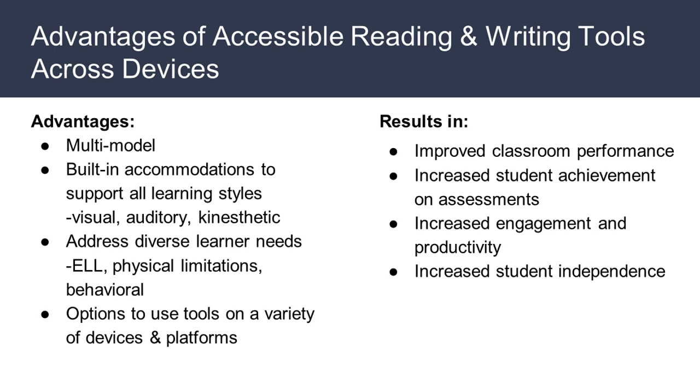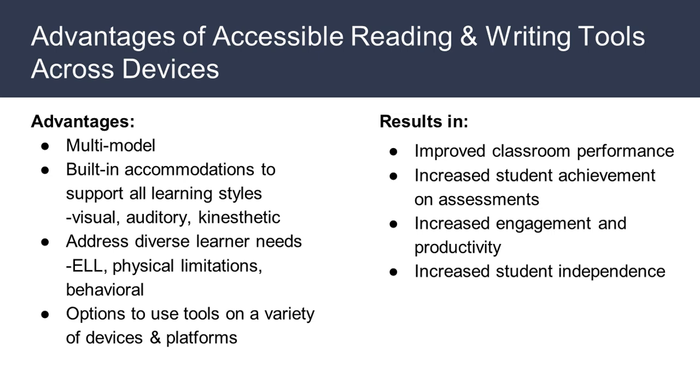And then the other great thing about Co-Writer that's unique is this option to use tools on a variety of devices and platforms. Co-Writer pretty much is available on iPads, as many of you mentioned, on desktops, and also as a Chrome extension. And recently, and it's been a struggle, but it now is working with Office 365, which was a big barrier we had to cross.